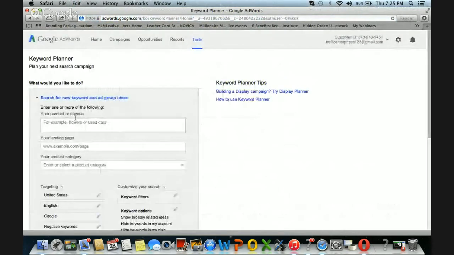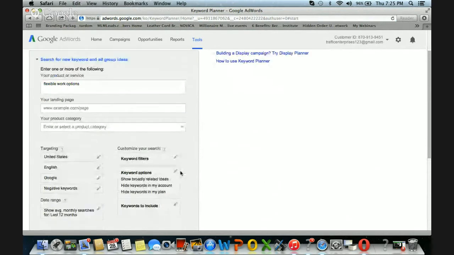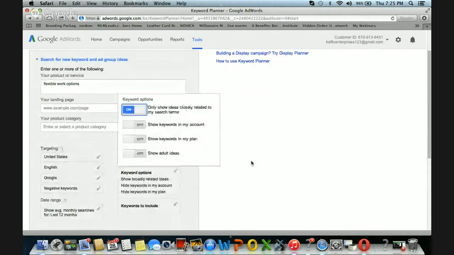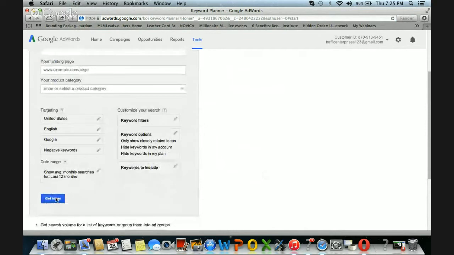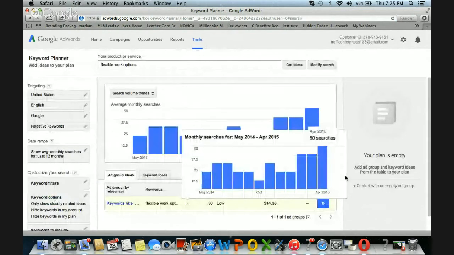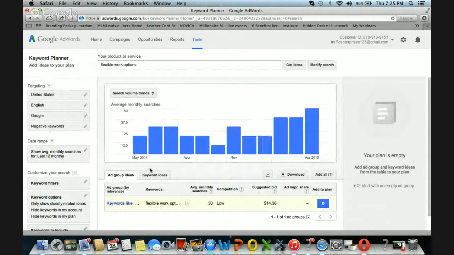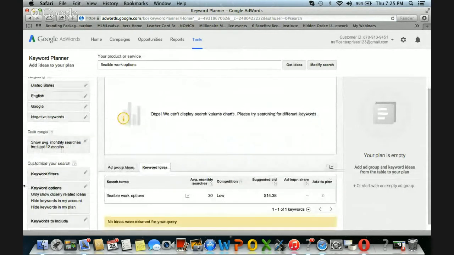And I'm going to just see what comes up with this. I'm going to do something like search flexible work options and see what comes up. Okay, and there's one, this is 30, low competition.